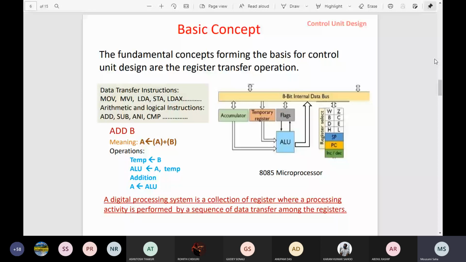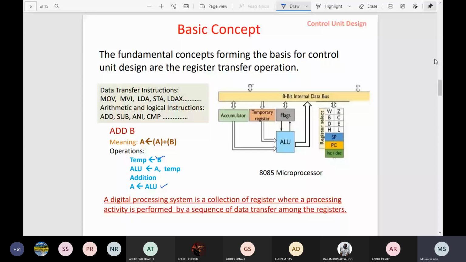So what sub operations can you have? First the data will be transferred from register B to a temporary register, then it will add, and after addition it will transfer the data again to the accumulator.